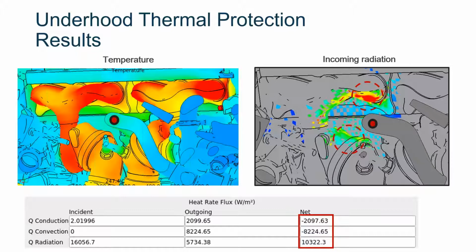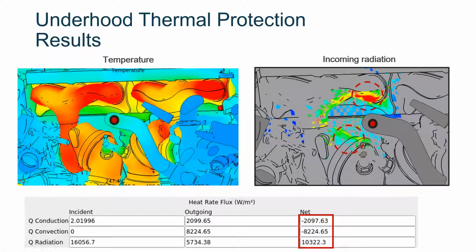And then in addition, in TAITherm, you can look at where the heat is coming from. So for example, for this point here on this pipe, you can look at where most of the radiation is coming from. So it's mainly coming from the manifold, but you see there's also a lot of heat coming from the turbo.